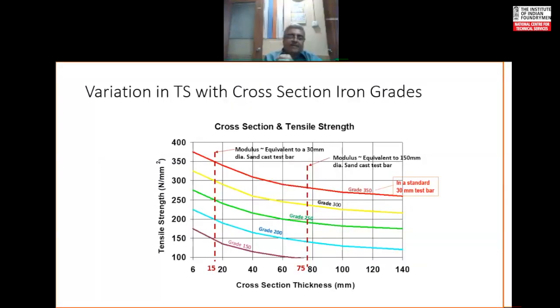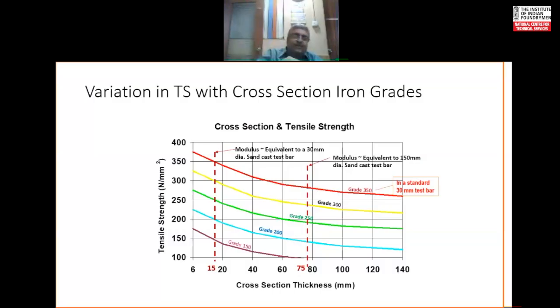So as an example, I have drawn two vertical red dotted lines there. One is for a 15 millimeter thick plate or thin section, and 75 millimeter thick section.